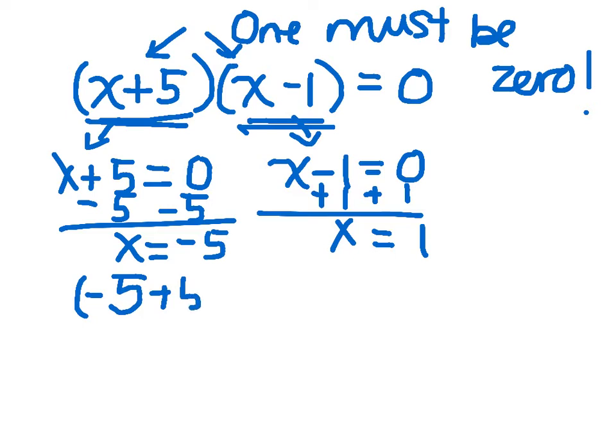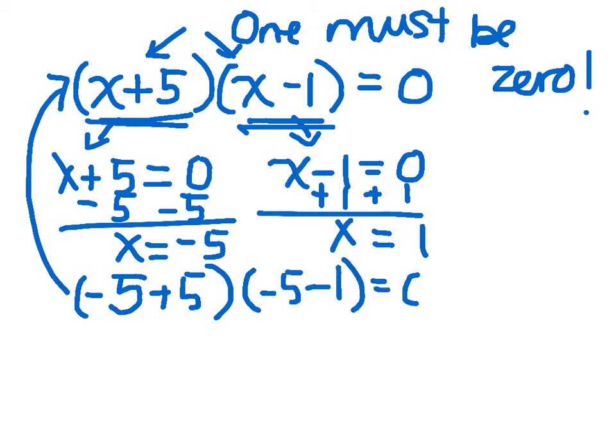-5 plus 5, I'm plugging it into this equation here. -5 plus 5 times -5 minus 1 equals 0. Well, is that true? Is 0 times -6 equal to 0? Yes, it is. So that is, in fact, a solution.